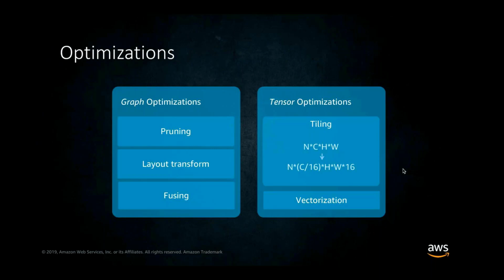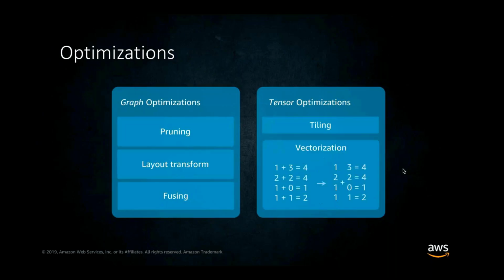So it will improve cache performance. And it will also apply vectorization. So instead of having a summation 4 times here, it will just do the operation once on 4 data items in parallel. That is basically single instruction, multiple data, and that can greatly improve performance.